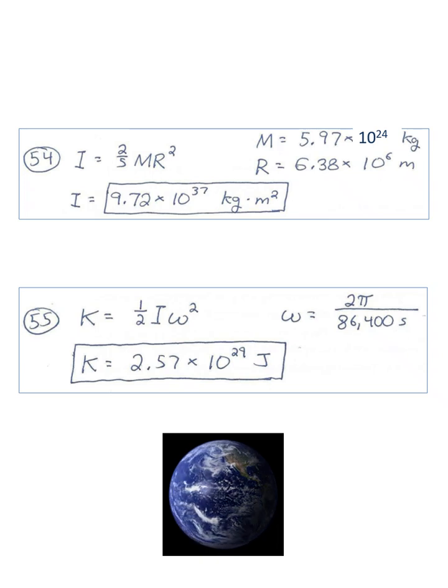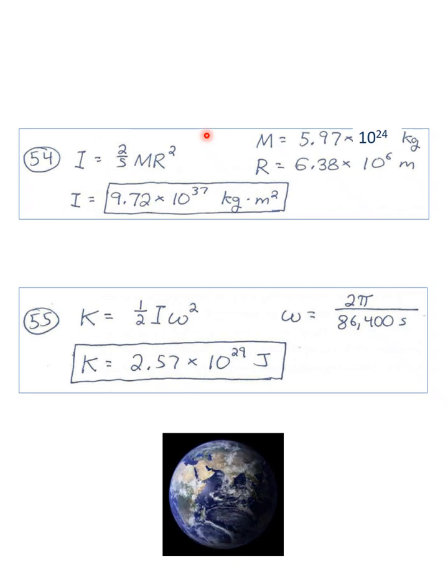Number 54. Using astronomical data from Appendix E, compute Earth's rotational inertia, assuming the planet is a uniform solid ball. All right. Well, for a uniform solid sphere, moment of inertia is 2/5 mr squared. We need the mass. We can look that up. You don't actually need the Appendix E table. You can use the back of the book.